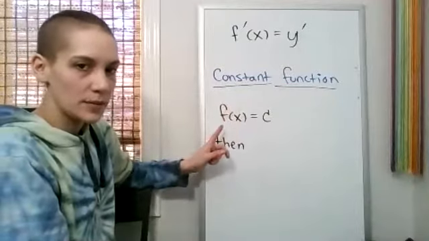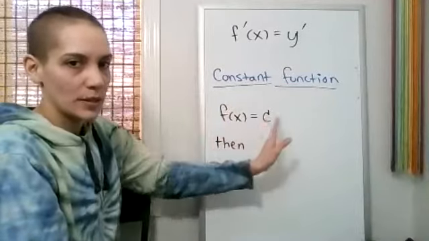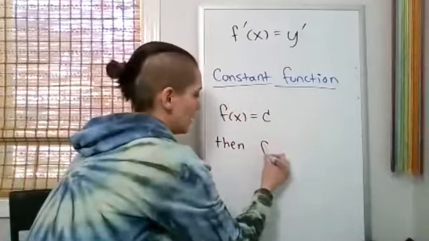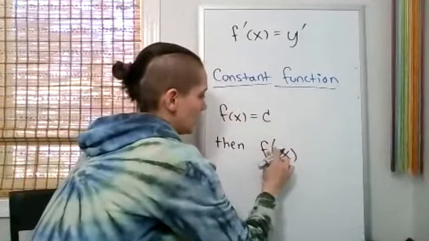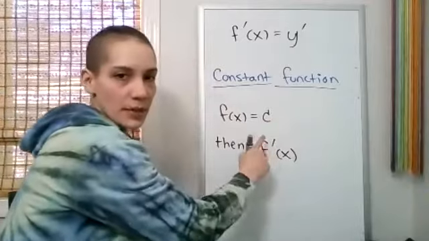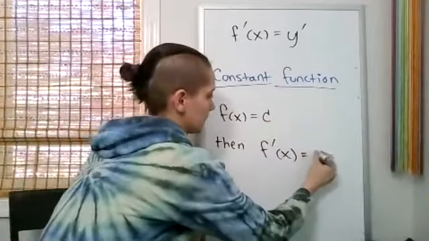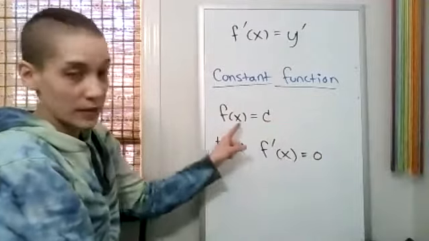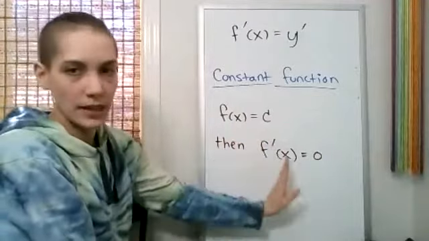Take the derivative with respect to x, which there is no x there, it's just a number. And we will show that the derivative of a number is 0, or the derivative of the constant function is 0.